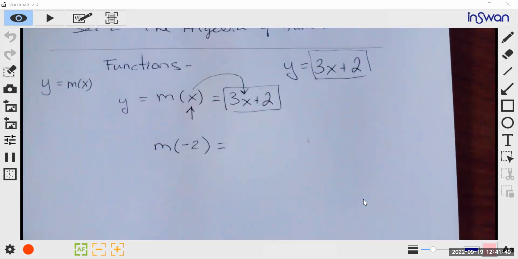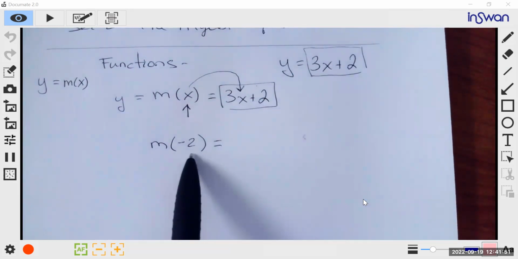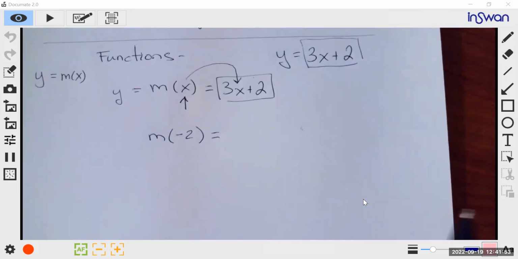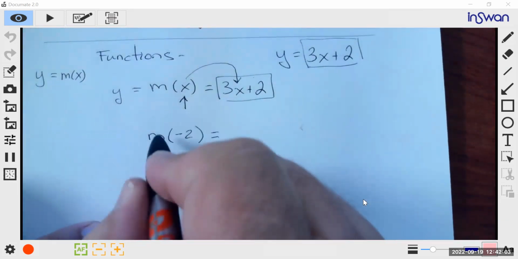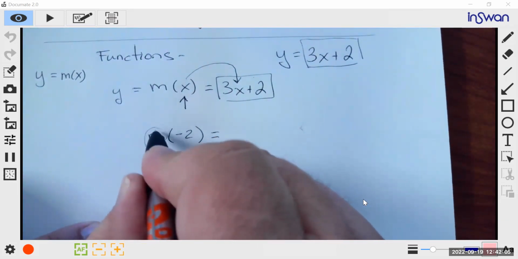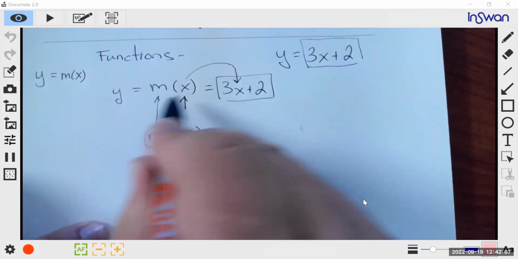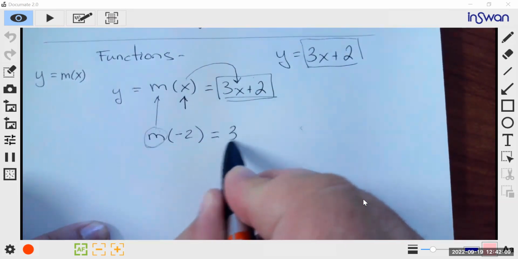So if I give you this now, once I define the function, all I have to do is give you this. What does that -2 mean? X, anywhere I see an X, I put a -2 in its place. So since the function name is M, I go to this function. Here's the equation.